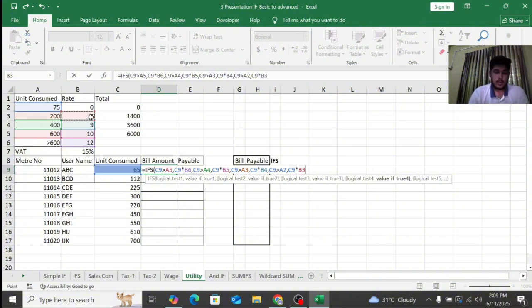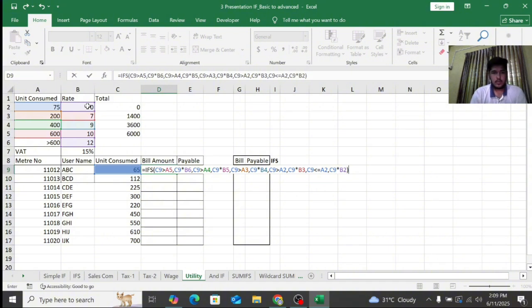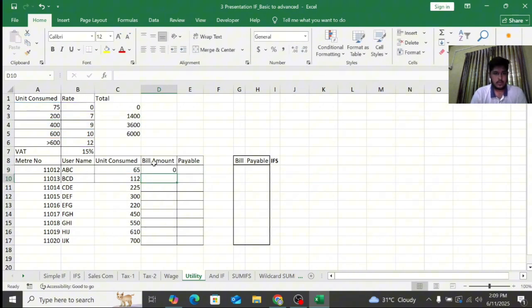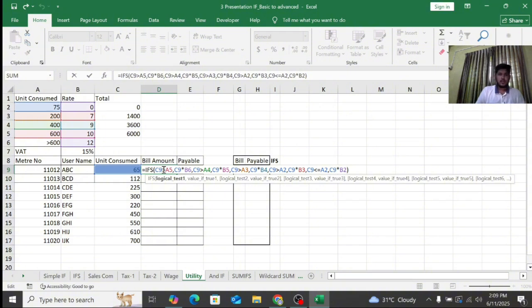Okay, then last, if unit consumed is less than or equal to 75, then our unit consumed will be multiplied by 0. Okay, so as it is less than 75, it's 0.